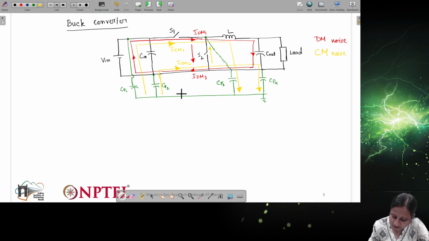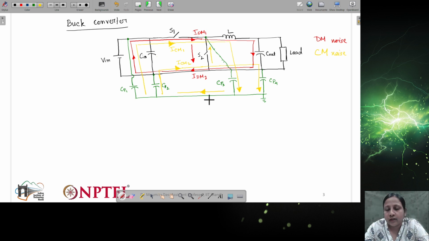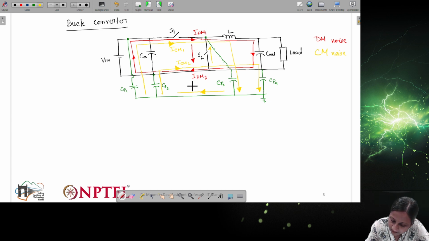Okay, so you can check here the return paths of the differential mode and common mode noises are also shown here. This will return through this path. Whatever is going in the forward direction, we can say this is like CM1, and whatever is coming in the return will be of similar magnitude, ICM1 plus ICM2.